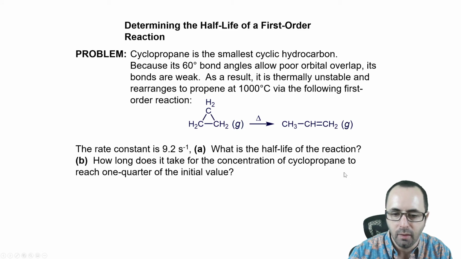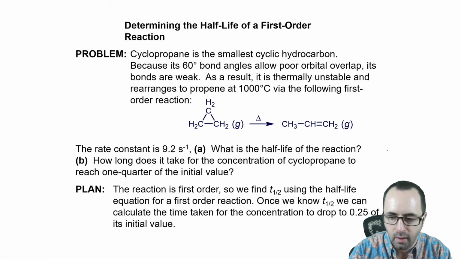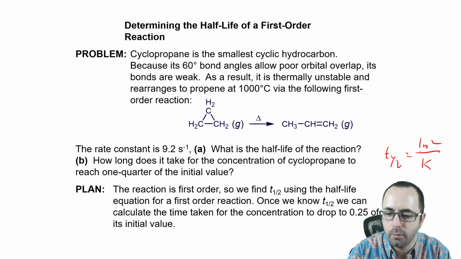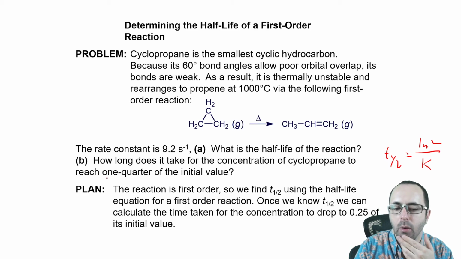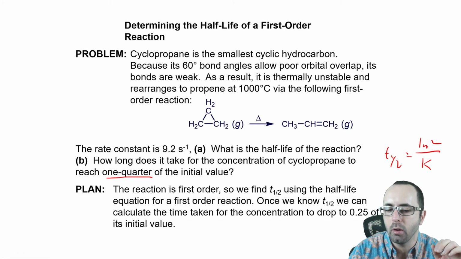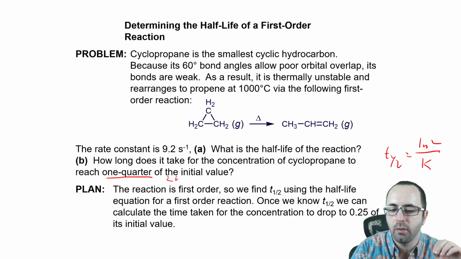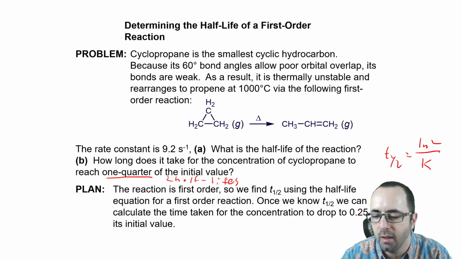Well, since this is first order, we can use that equation. The half-life is the natural log of 2 over the rate constant, which we will use here. Once we know the half-life, we can figure out what it will take to reach 1/4 of the initial value. Of course, we could find that directly, but since we have the half-life, 1/4 is what you get after 2 half-lives. So that would be a simplified way of doing it for this problem. We did a more complicated example in the nuclear chapter.